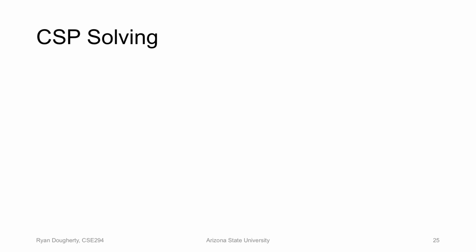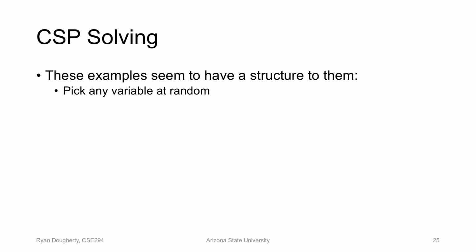So we have seen with 8 queens and with map coloring this kind of backtracking and constraint satisfaction problem approach. So let's do what we did with brute force and try to see if there's a general strategy for solving CSPs. There seems to be some structure: pick any random row, place a queen at some random position, or pick any random state, assign a random color. So here, just pick any variable at random, because we have variables, domains, and constraints.